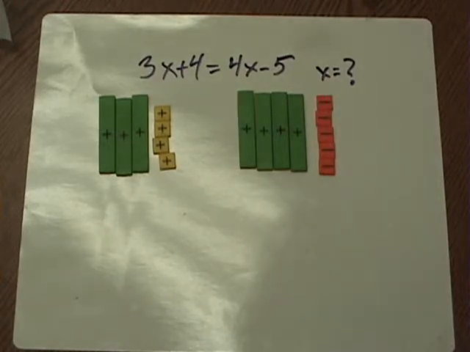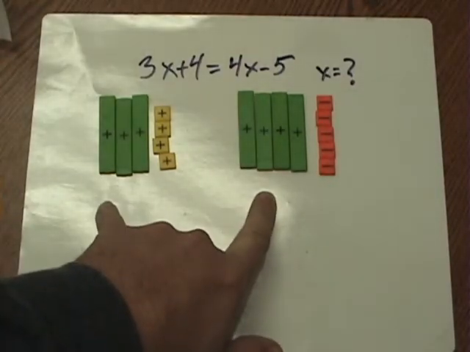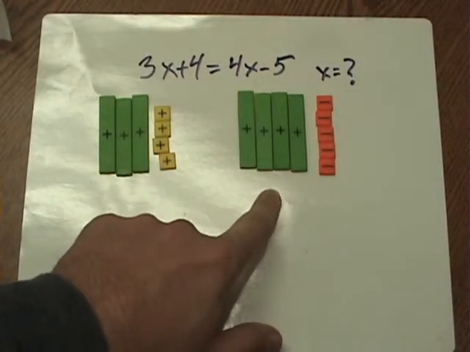Alright, now the way that this works, and the way that I teach the students, is that you can move things back and forth from one side of the equal sign to the other, but when you flip it to the other side, you actually have to flip the number, or in this case, flip the tile, or flip the sign is what we're really doing. We always want to try and get the x's positive and alone, if possible. Okay, so the easiest way to do that is to see which side has the most x's first, and clearly this side does.